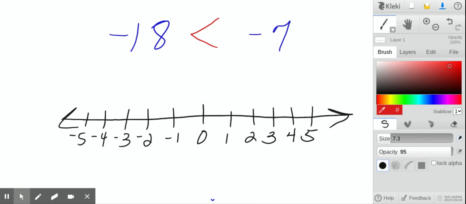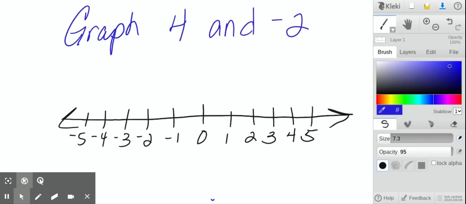And you can remember the small little point. The small little point has to point to the larger negative number. And again, if we were looking at this on the number line, negative 7 would be here, negative 18 would be way over here, okay? And the further left you go, the smaller the value, all right?